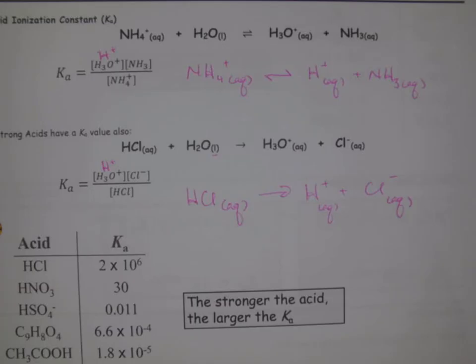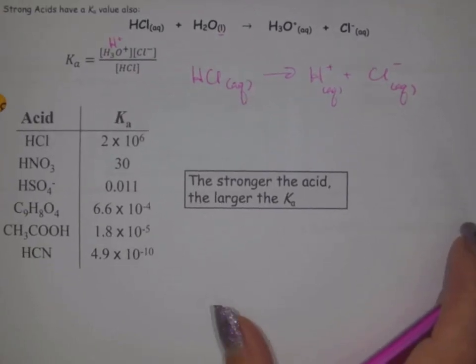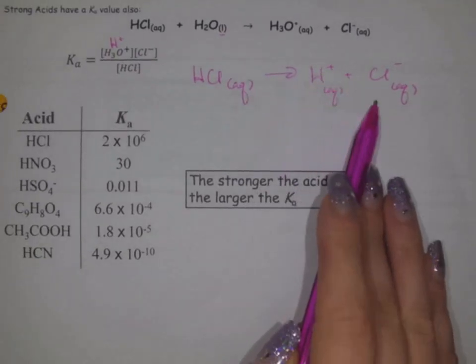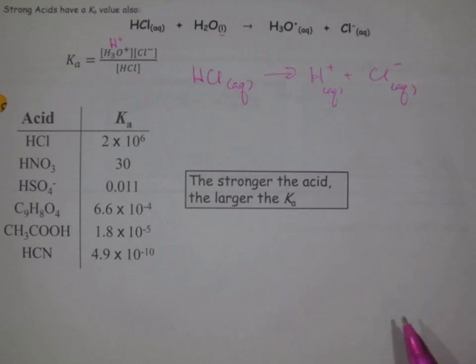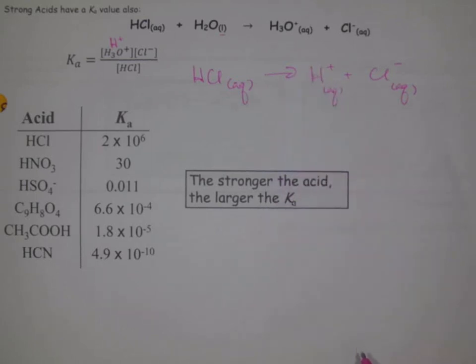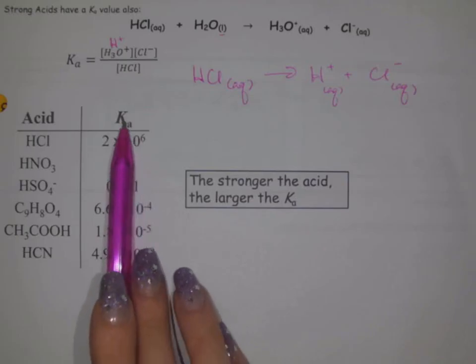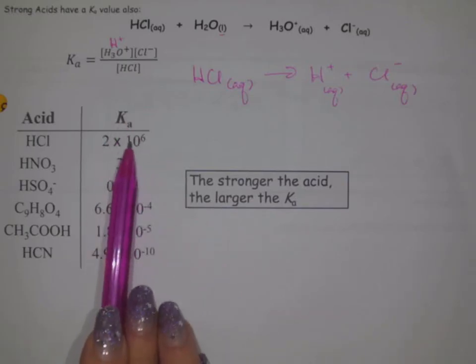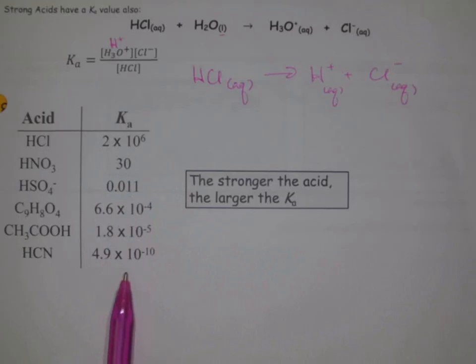And this is something I saw quite a bit today when we were visiting. A strong acid means that there's more H plus present in it, and it means that the pH will be lower. The lower the pH, the more H plus there is, and the stronger the acid. So if I look at this, here's my Ka values, and this is the largest Ka, this is the smallest Ka.